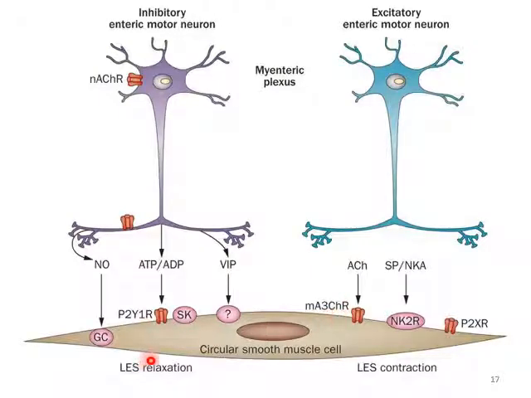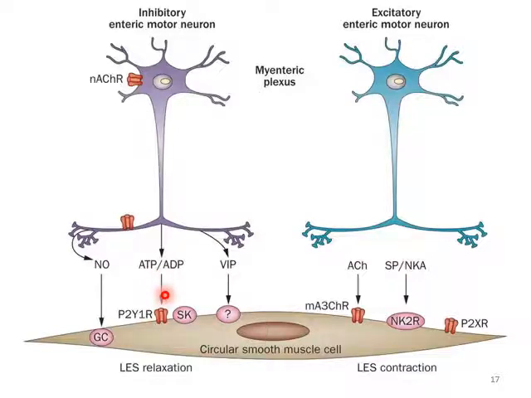Now whatever would occur, either there would be relaxation or contraction of the gut, depends on the type of the receptor and the type of the neuron. ठीक है. Motor neuron. अब ये inhibitory motor neuron है, enteric motor neuron. देखो इसको हम enteric, totally a population of neuron which is just found within the enteric nervous system. For example, this is inhibitory motor neuron, and then it releases ATP.